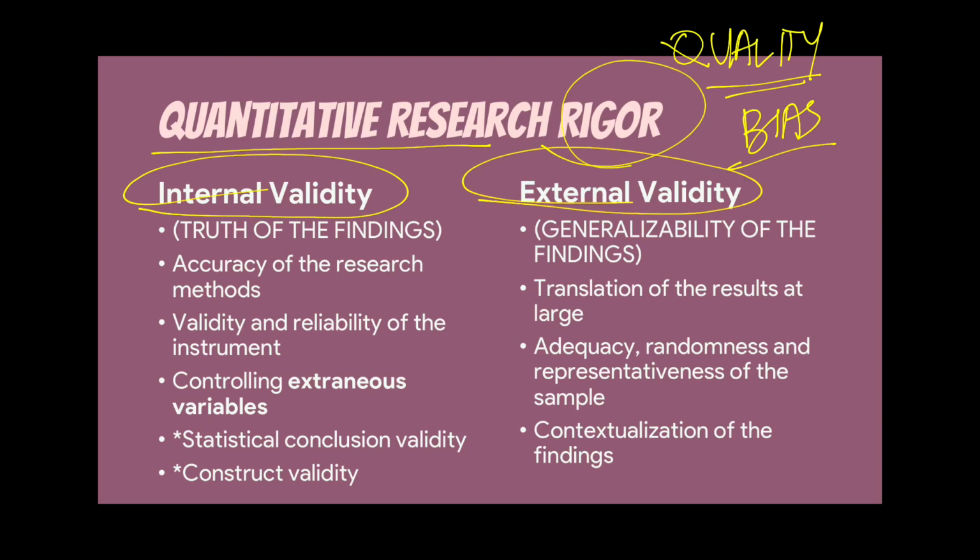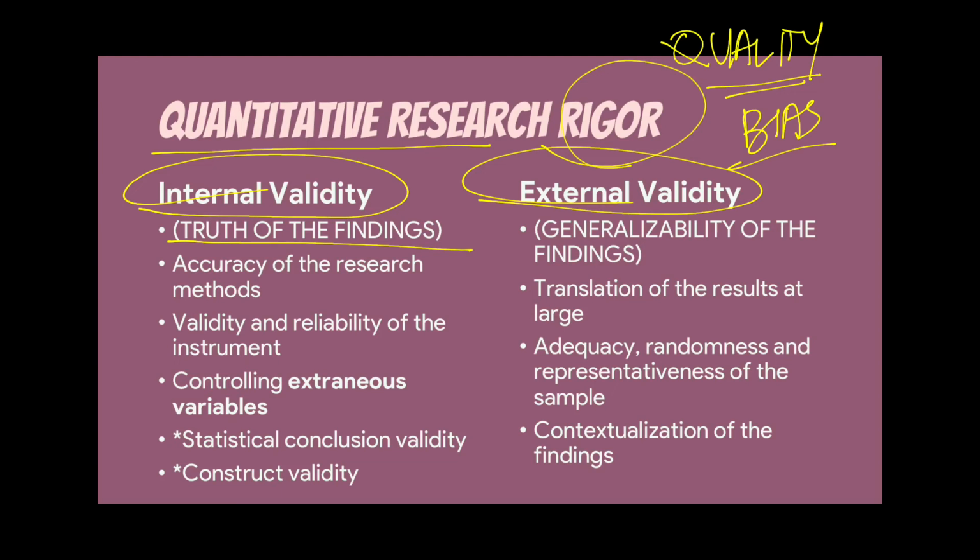Internal validity talks about the truth of the findings. How true are the findings that you are able to get in the research? Now, the truth is based on the design of your study and also on extraneous variables, meaning environmental and internal factors of the participants that can affect the way they answer a certain survey.